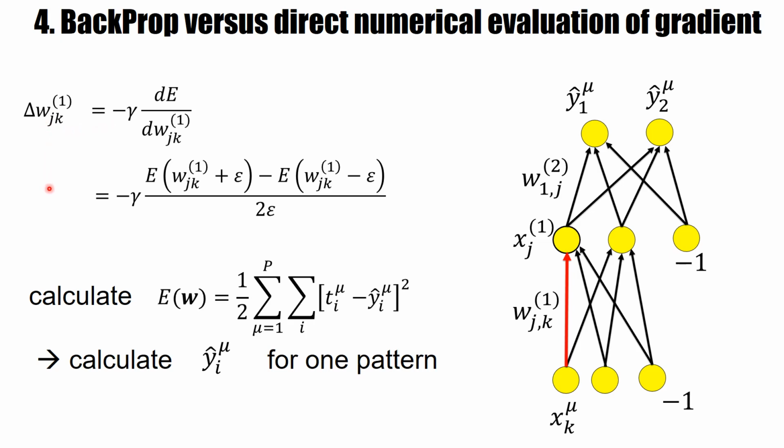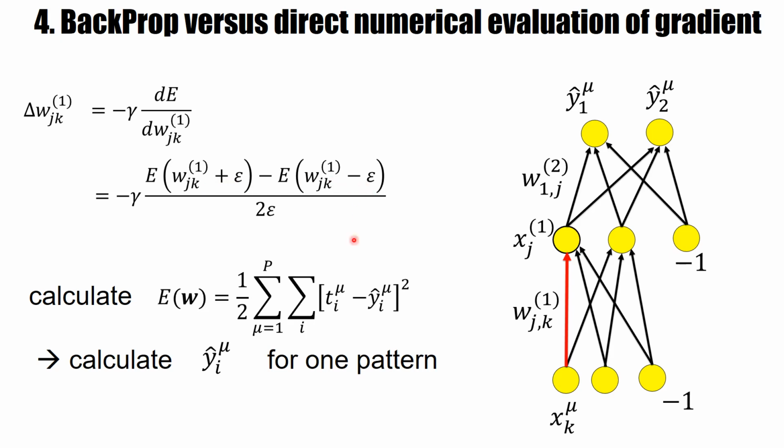So how would we evaluate this? Well, we need to calculate this error, and in order to calculate this error, we need to know y hat, we need to know the output, and we need to know this, and we need to know this twice, once for the plus epsilon, once for the minus epsilon calculation.